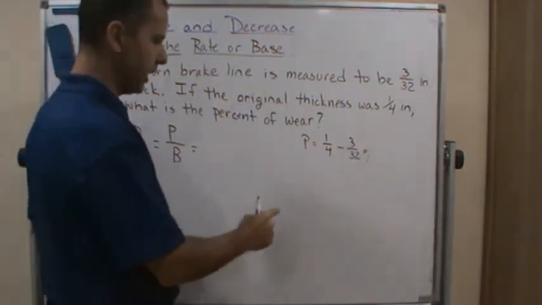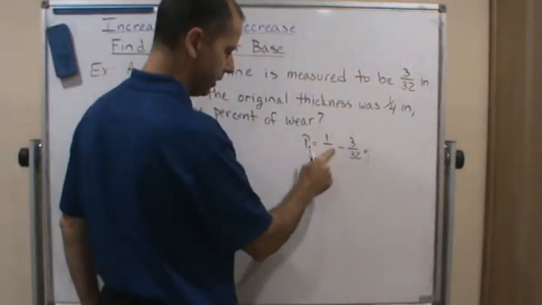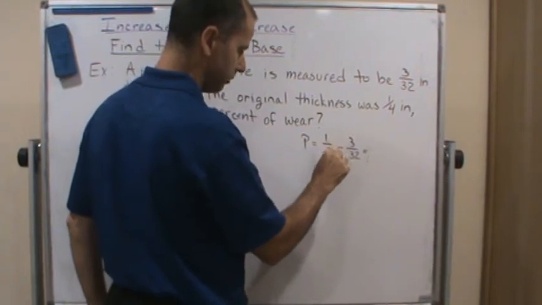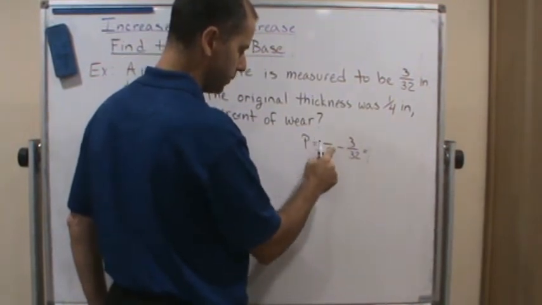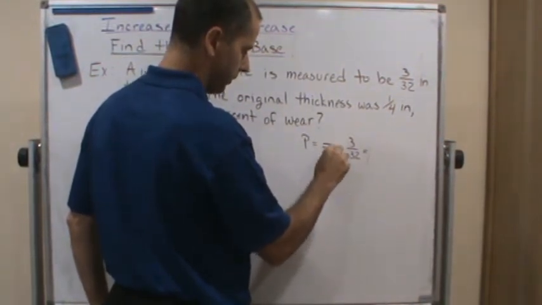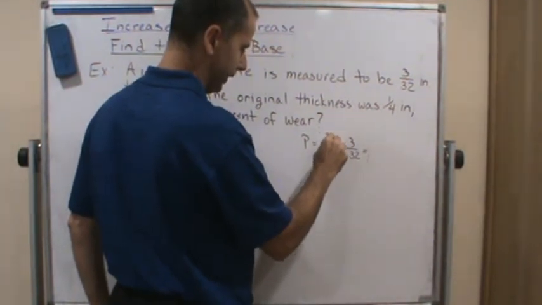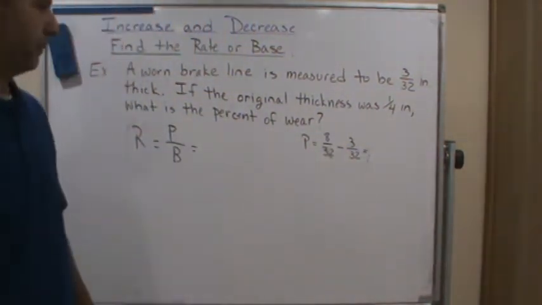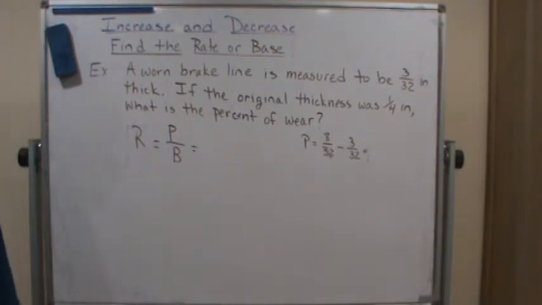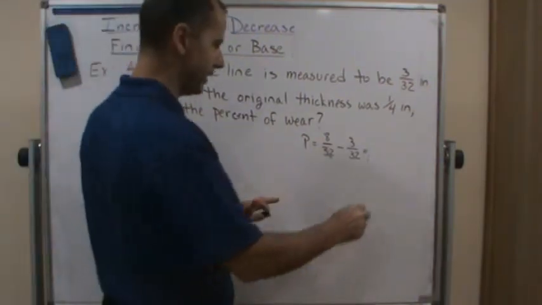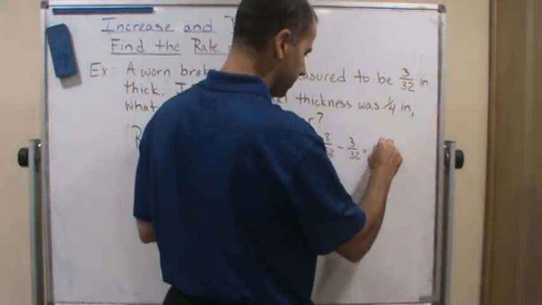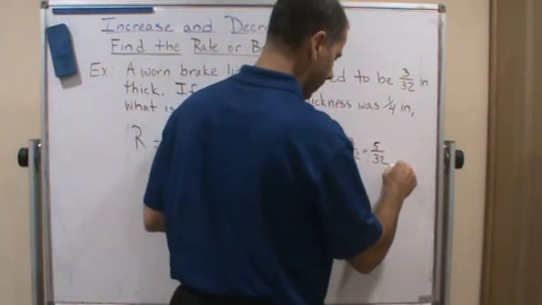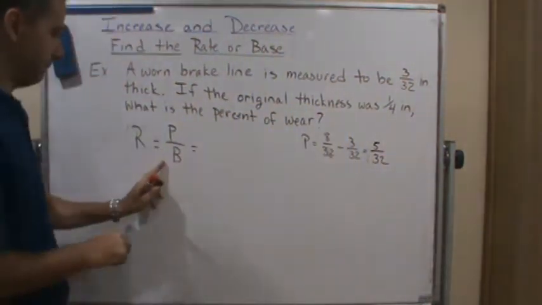If I change this to 32nds, I'm going to have to multiply by 8. So if I multiply the top and the bottom by 8, I get 8/32, and now I can subtract, and so the amount of change is going to be 5/32. So that's going to be my P.